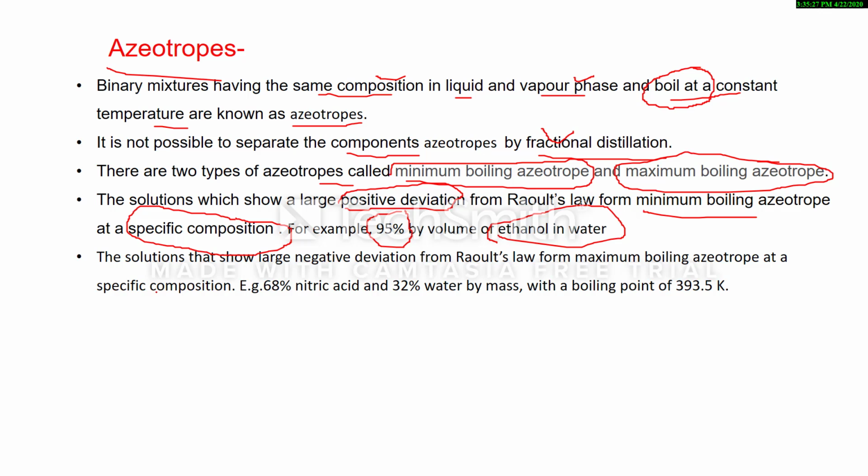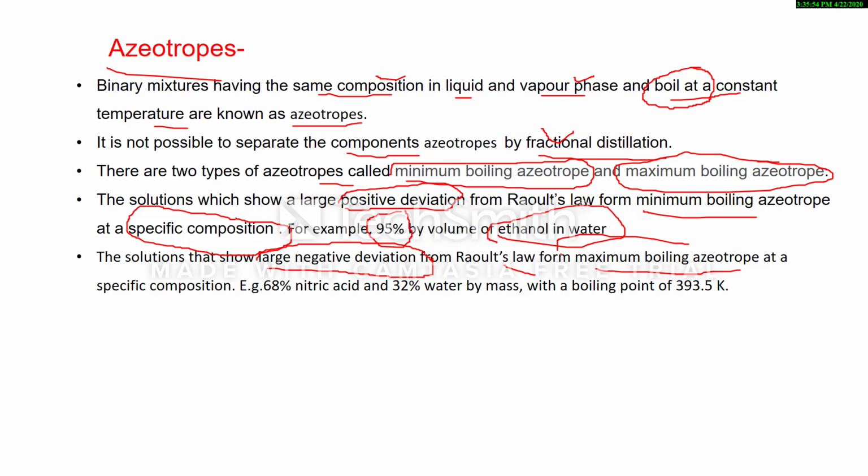Another example: the solution that shows large negative deviation from Raoult's law forms maximum boiling azeotropes. As we already discussed, for a solution with negative deviation from Raoult's law, there is one particular composition, and the solution with that particular composition will boil at the maximum boiling point.